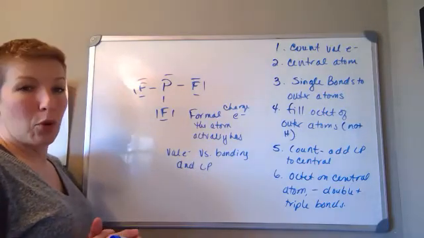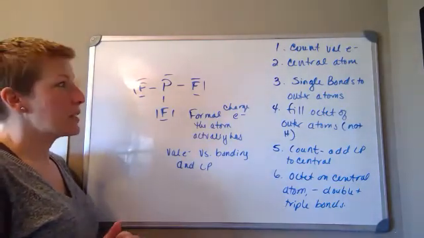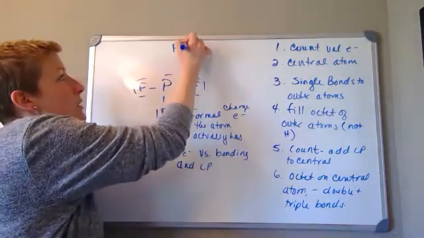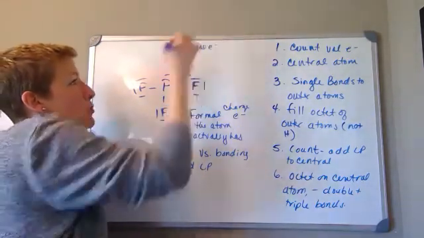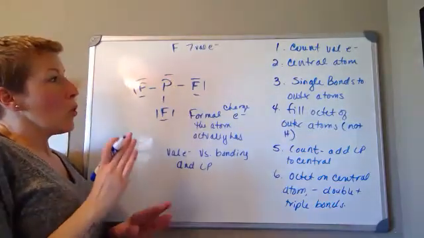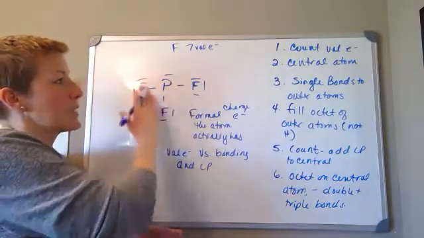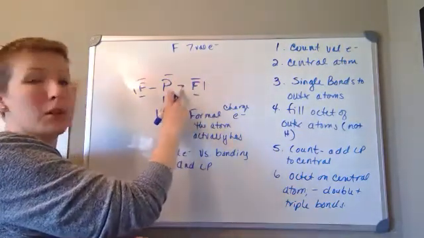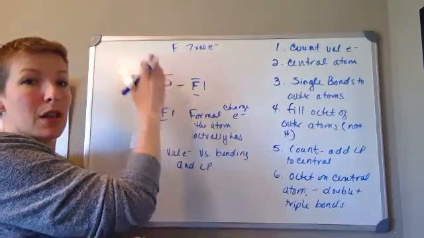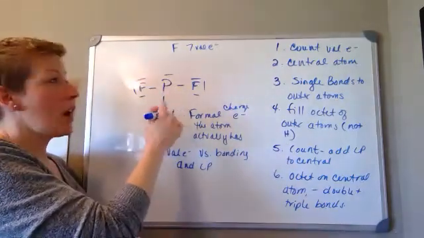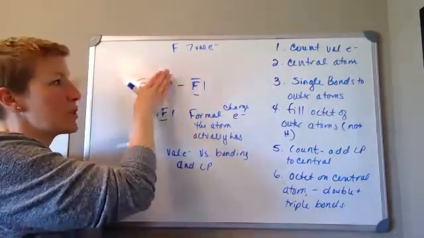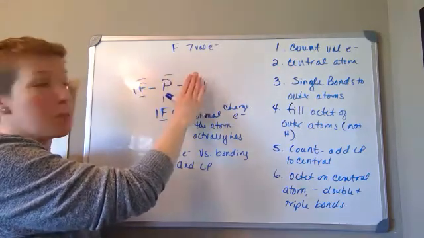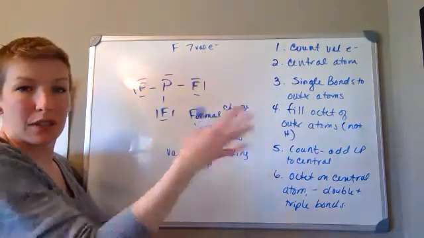So I left this up here just because this is a really easy example. If we look at fluorine and we look at the periodic table, fluorine should have 7 electrons, right? So fluorine, 7 valence electrons. Now, when we look at fluorine as it's bonded here to phosphorus, we have 3 lone pairs and 1 pair of bonding electrons. Before, when we counted for an octet, we were like, oh, we're just going to pretend those electrons are for fluorine now, and then we're going to pretend that they're for phosphorus in a second later.